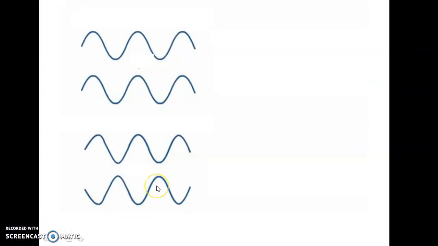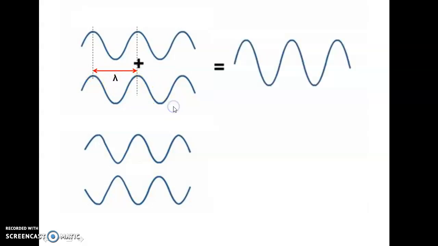In this slide, I'm going to explain complete constructive and destructive interference in terms of the path difference of the waves that are interacting. So first of all, constructive interference, and there would be a path difference of λ as a minimum difference.